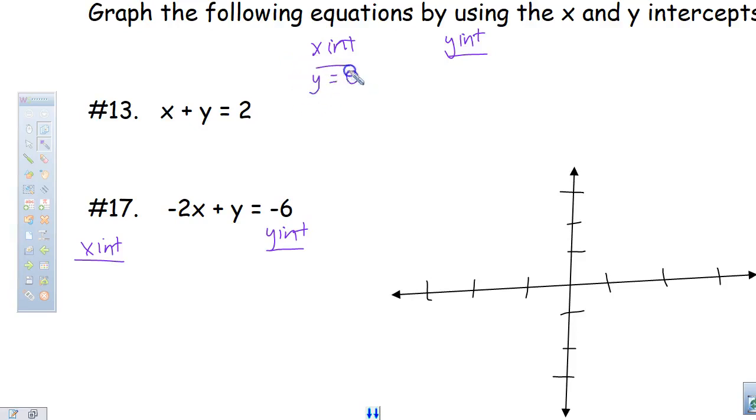y is equal to 0. So we get x is equal to 2. So your ordered pair should be 2, 0. So my x-intercept is 2, 0. For my y-intercept, I want x to be 0.